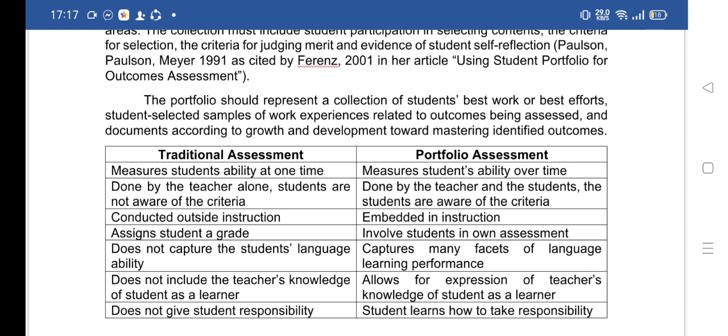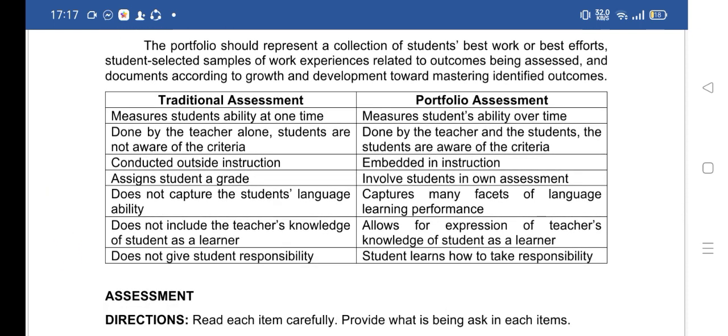So in traditional assessment, this involves quizzes, reports, essays, multiple choice questions, and etc.